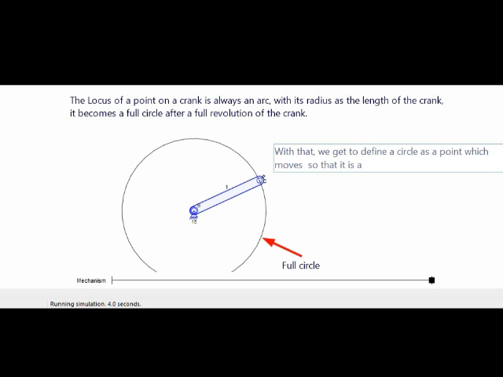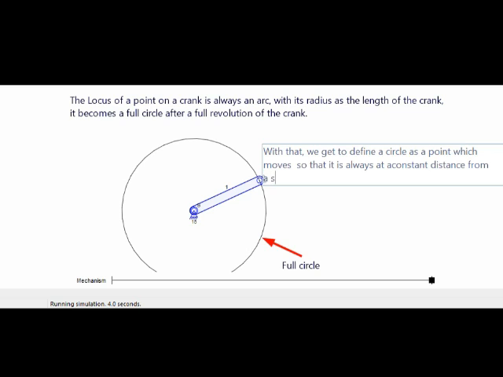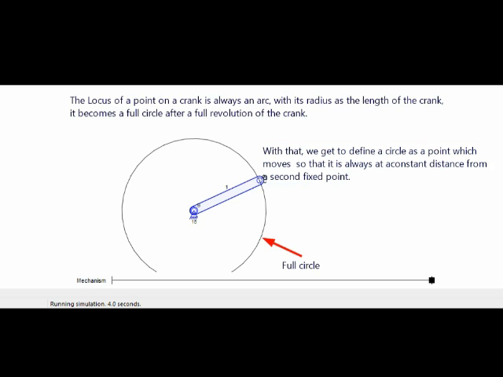So with the idea of this locus, we're going to define the circle relating to the locus. I said earlier, at the beginning of the video, that a circle was a locus, as were a parabola, a parallel line and so many others. So we define a circle as the locus of a point which moves so that it is always at a constant distance from a second fixed point.